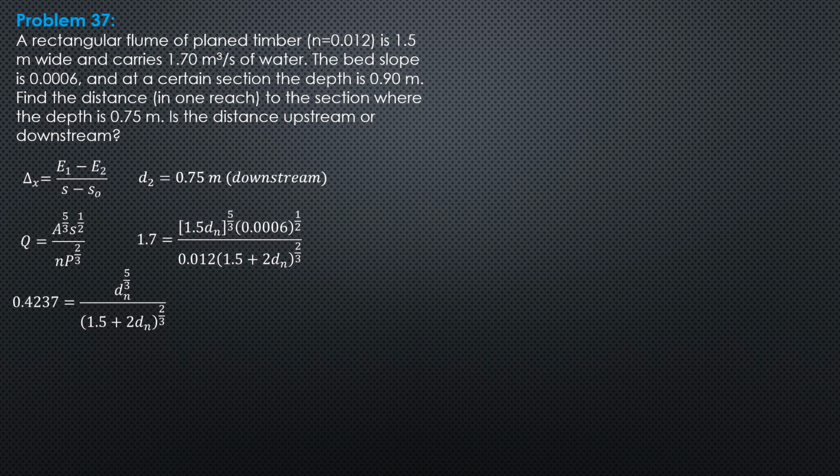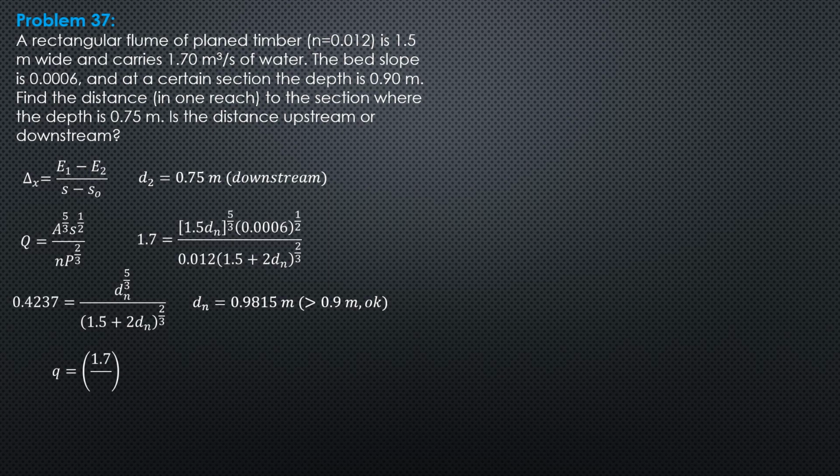What is left on the right side is normal depth to the 5/3 over quantity 1.5 plus 2 normal depth, to the 2/3. Solving for normal depth using your calculator, 0.9815 meters, which is greater than 0.9, so it does not affect the depth here.